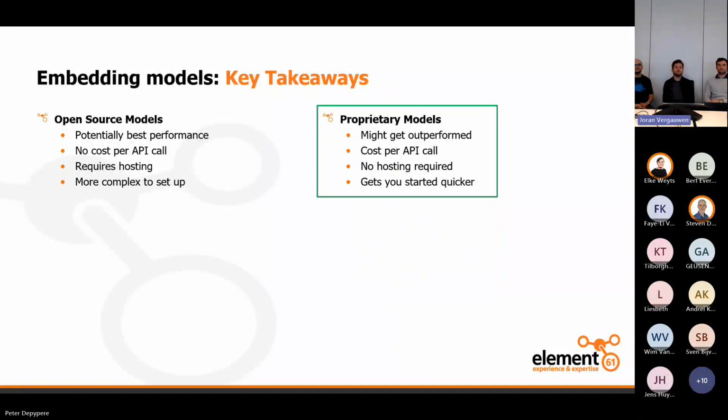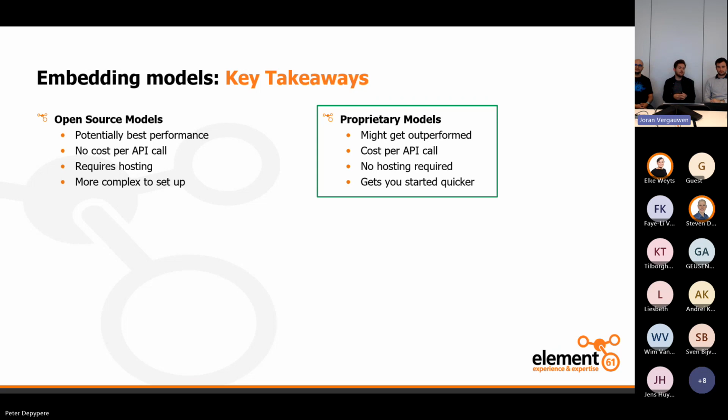To back this statement, there's a wildly popular benchmark by Hugging Face, which scores about 100, it's a bit less, I think it's 78 different models based on retrieval and other kinds of exercises. And on this retrieval specifically, the entire top 10 of models is all filled by open source models.